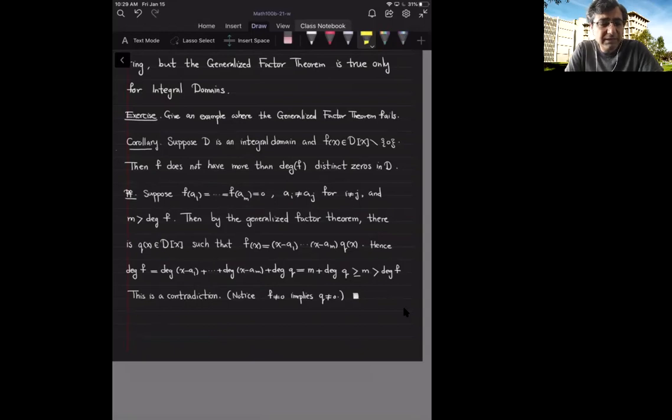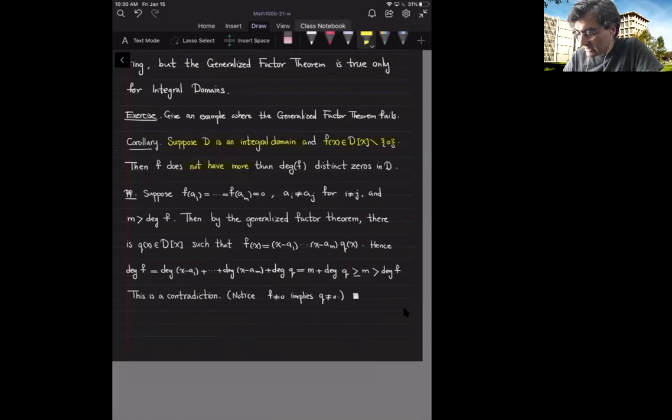You might have heard of this for complex numbers, that a polynomial of degree n cannot have more than n zeros. The same phenomenon is true for an arbitrary integral domain. So if D is an integral domain, then a non-zero polynomial cannot have more than the degree of f distinct zeros.